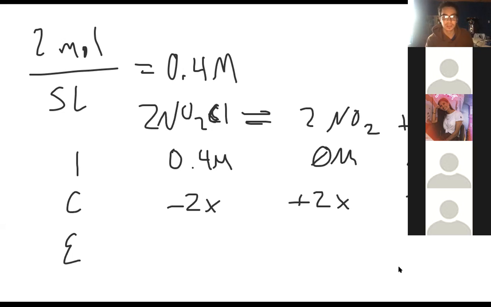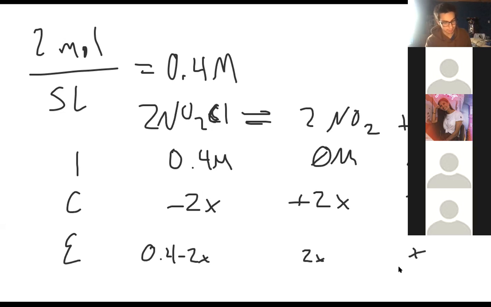It's important to keep in mind what's negative and what's positive. We're gaining products, so we have a positive for those and a negative for our reactants. So once we reach equilibrium, we have 0.4 minus 2x, and then here we have 2x and x.